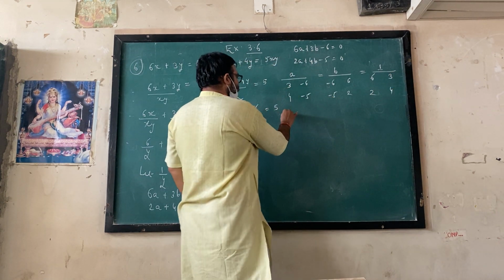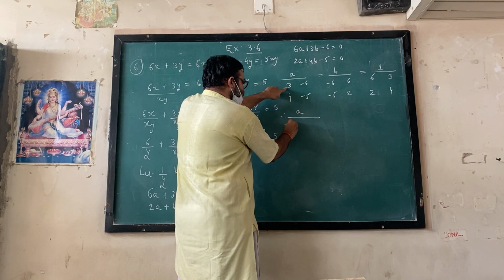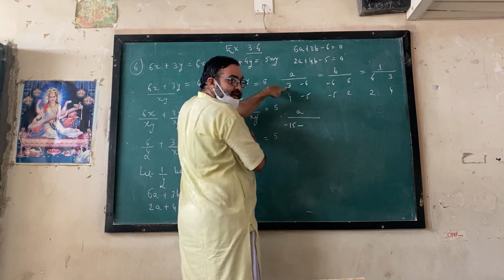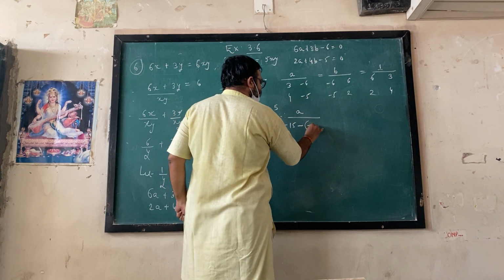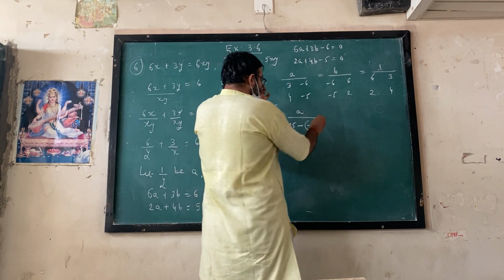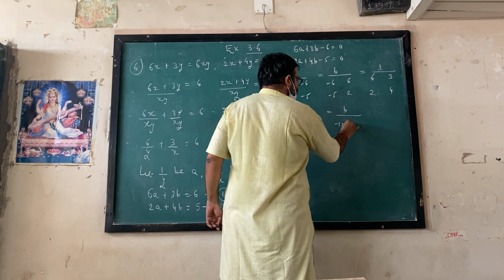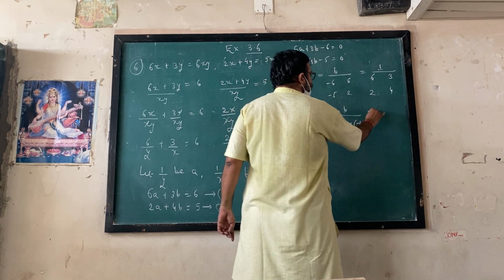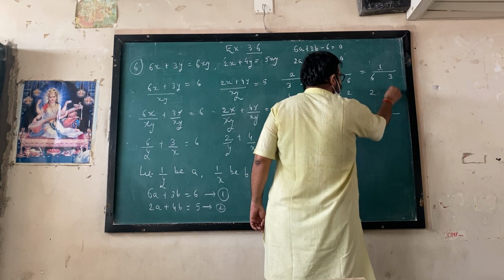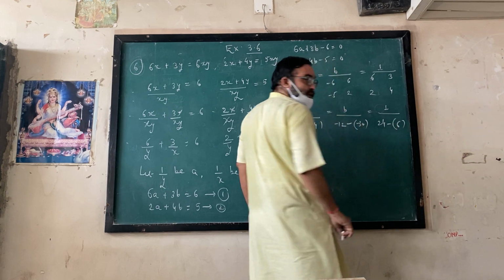So now a upon 3 into minus 5 is minus 15, minus sign always in the bracket, minus 6 into 4 is minus 24. Then b upon minus 6 into 2 is minus 12, minus sign, minus 30, is equal to 1 upon 6 4s are 24, minus sign into bracket 3 2s are 6.